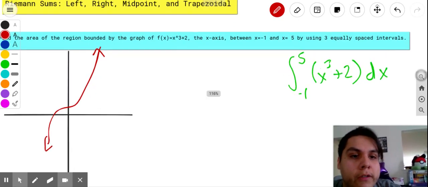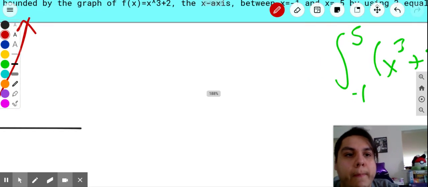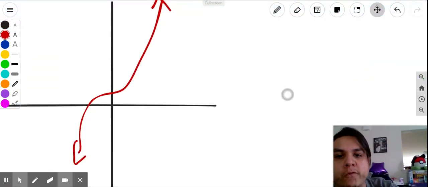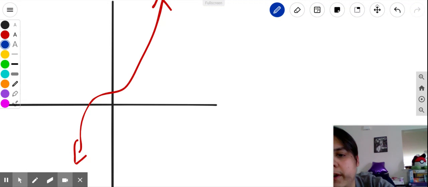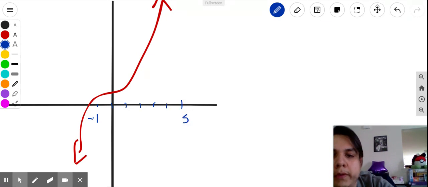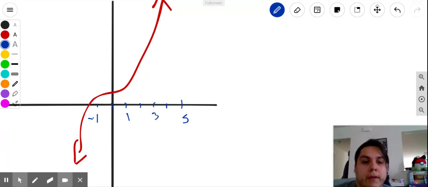All right. So let's zoom in on the graph. Okay. We're going to start at x equals negative 1, 0, 1, 2, 3, 4, 5. So I'm just kind of skip counting because I don't want to write all those numbers since I'm going to have to use this graph.